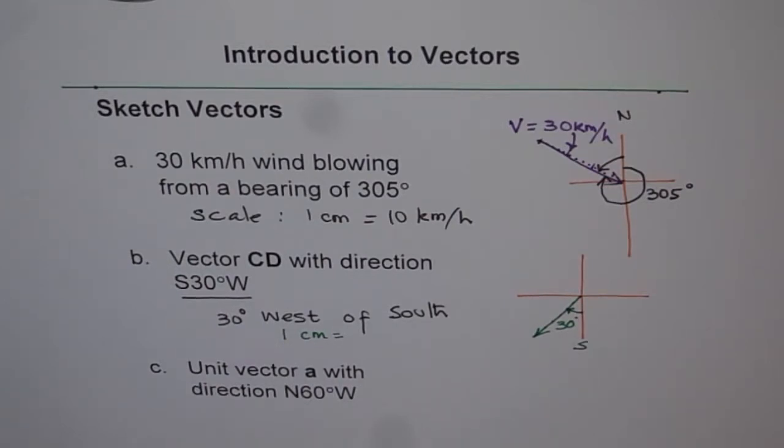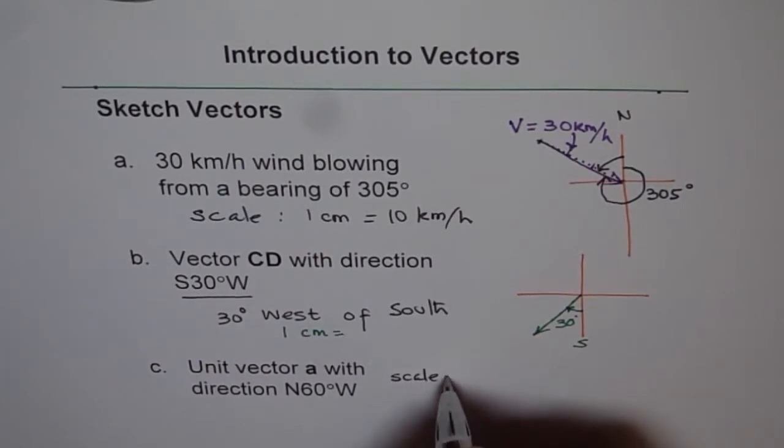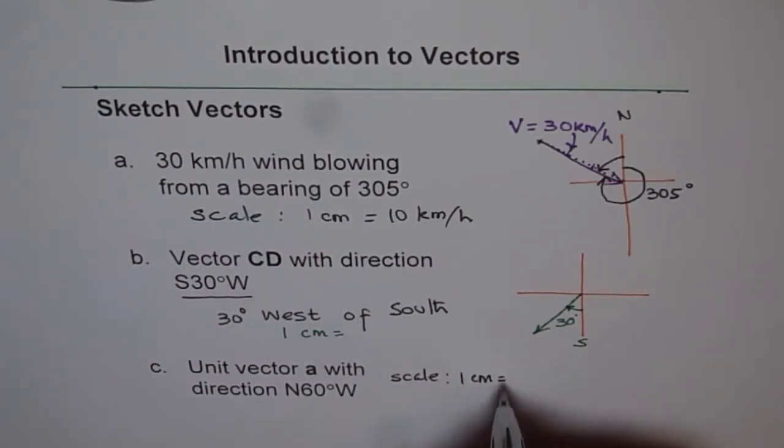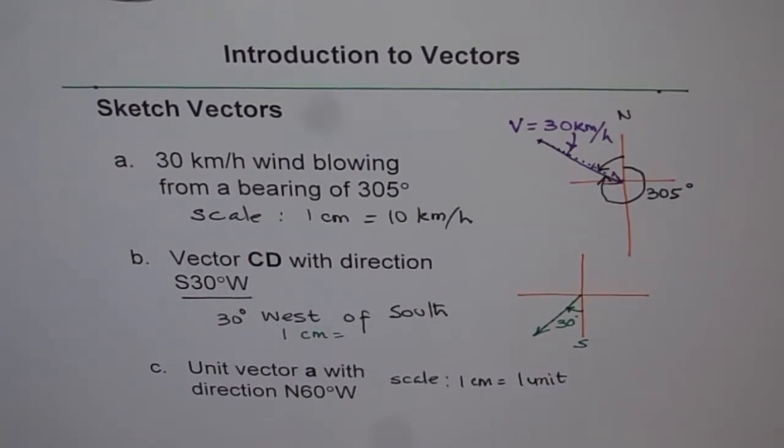And the last one, we have unit vector. So unit vector means magnitude is 1, right? So you can write your scale first. So your scale here is 1 centimeter equals 1 unit. Do you understand? That is your unit vector. And the direction is 60 degrees west of north, right?